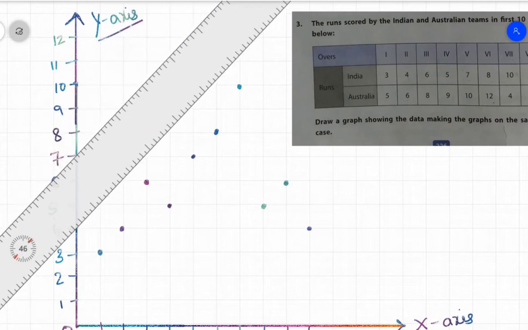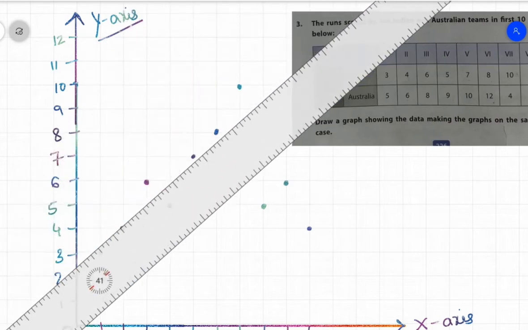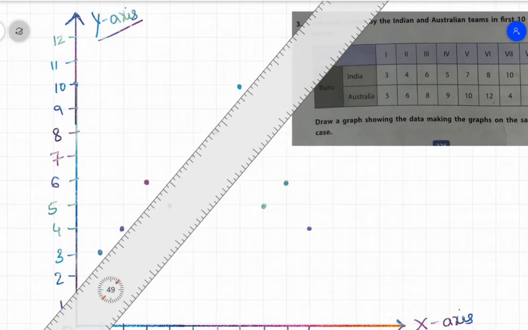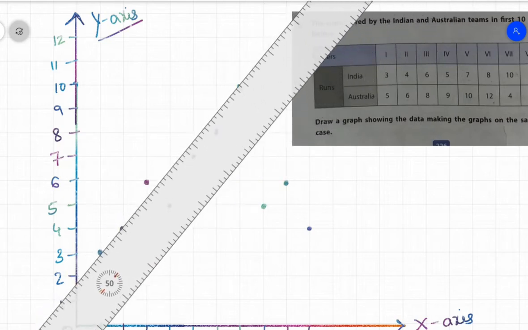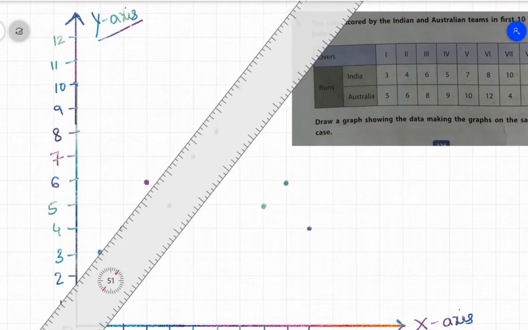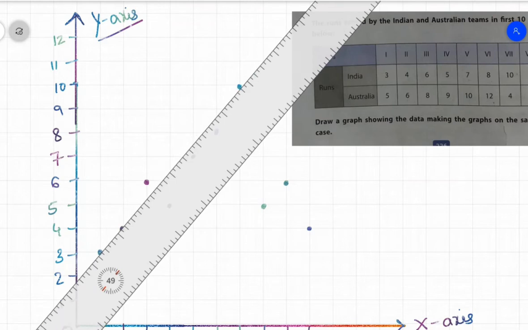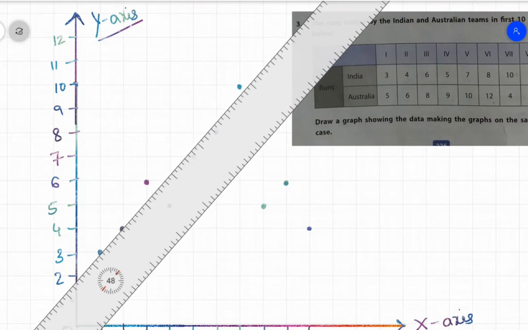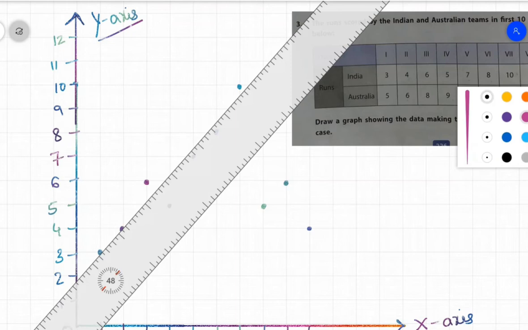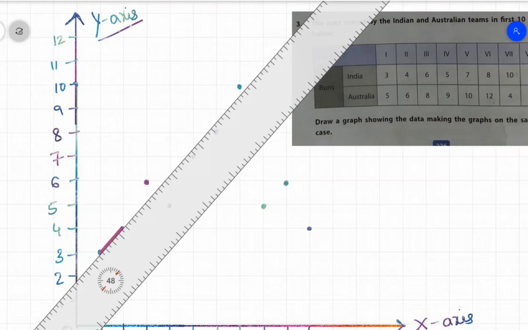Now when you do it in the graph paper, children, try to join the points of India and Australia with different colors so that you can easily see it. Keep the scale properly and after that you can draw it. I am taking 2 different colors so that you can see it properly. See, here to here. First over, second over.